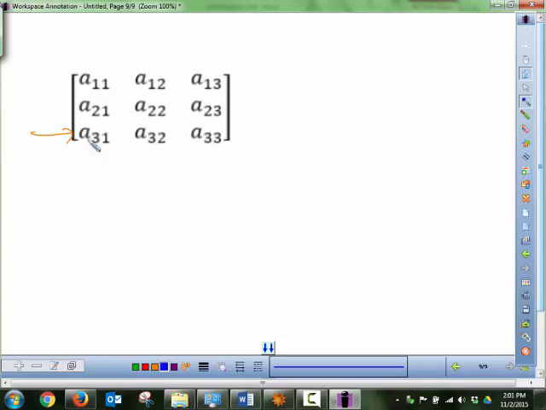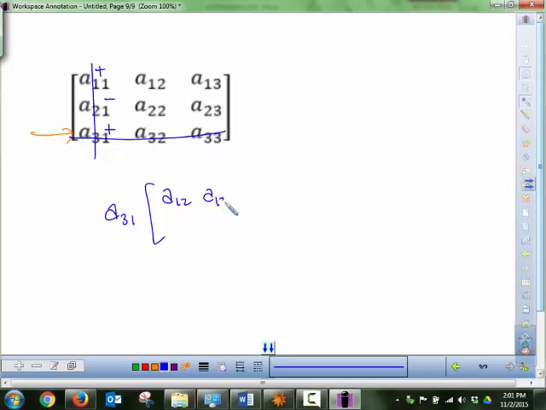It's going to be plus, minus, plus. So I'm going to start off with a plus, A31 times the submatrix after I cross out this. So A12, A13, A22, A23. And I'm expanding on the bottom here.